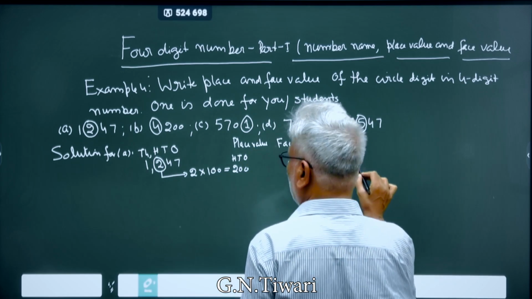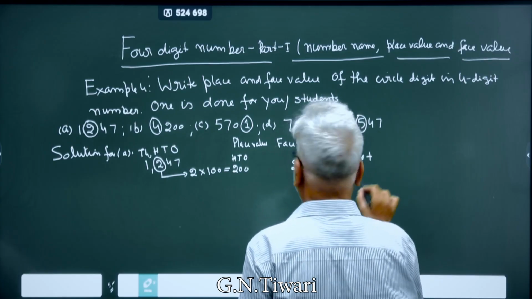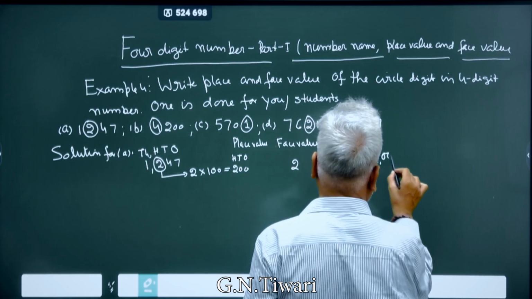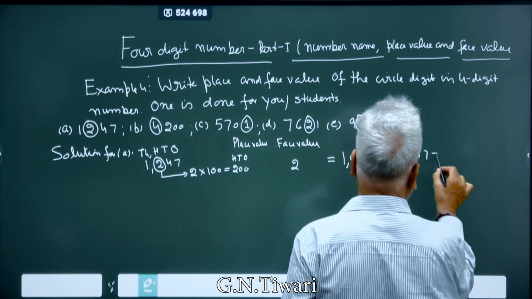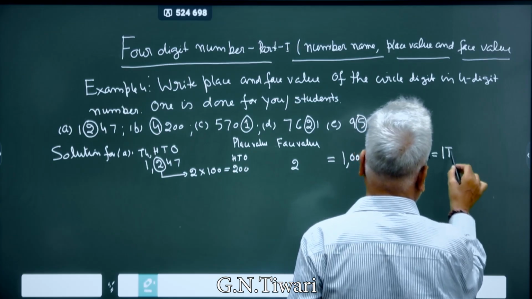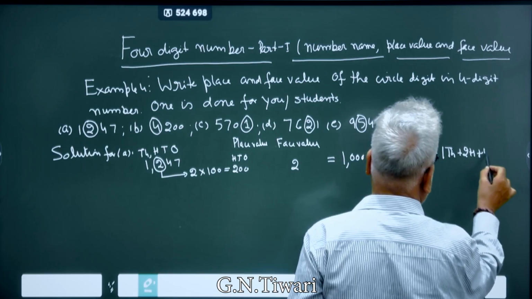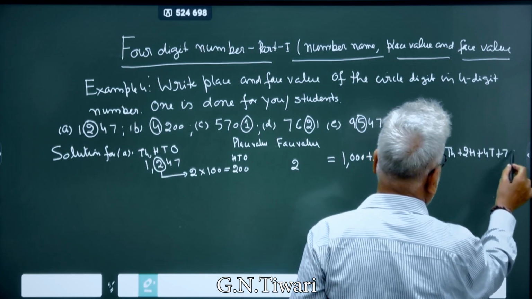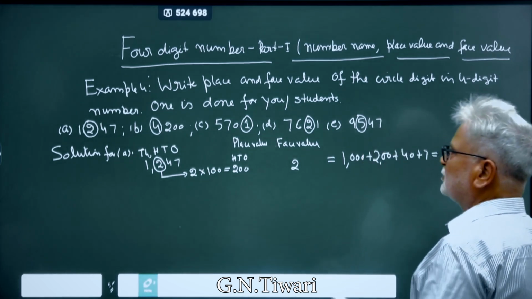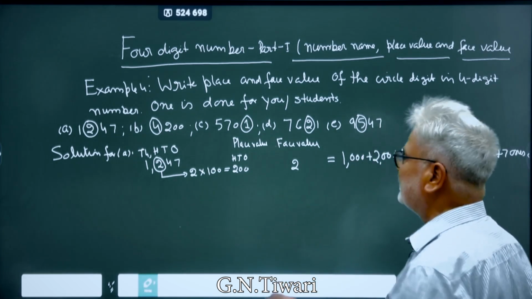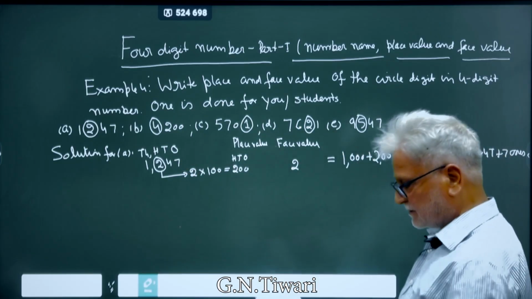In question, there is no 1000 plus 200 plus 40 plus 7. It will give the practice: 1Th plus 2H plus 4T plus 7. Once I am writing to avoid the confusion between 7 and 70. So that is how. My suggestion is that all these things should be mentioned in every question, whether it is asked or not asked.